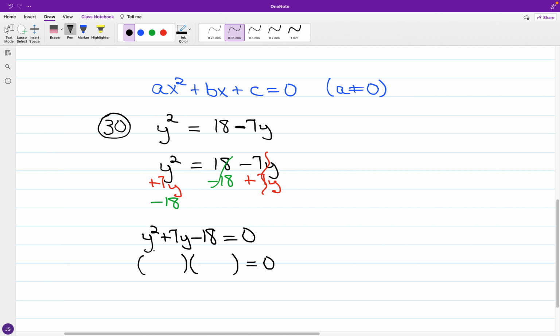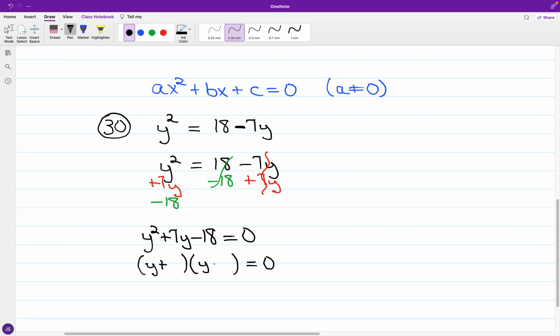I have a trinomial that is factorable into integer coefficients. For y squared we have y and y, and we need factors of negative 18 with a sum or difference of plus 7.